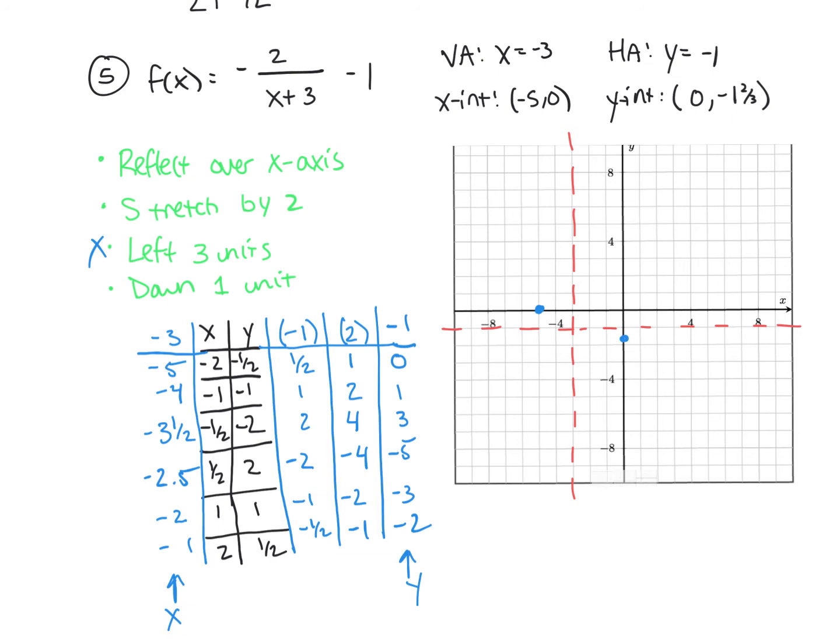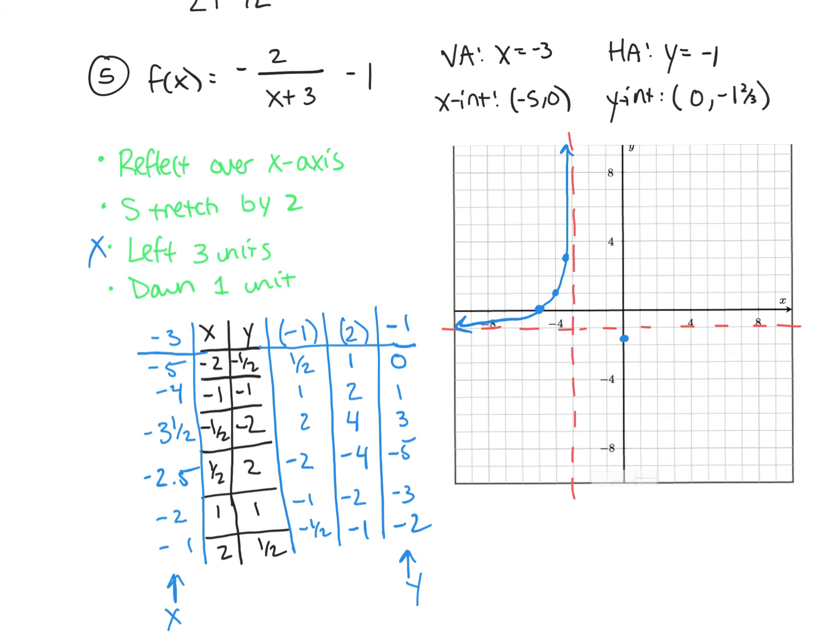So from there, I'm going to graph the rest of the points that we know. We have (-5, 0), which we already have. (-4, 1), which is here. And (-3.5, 3), which is here. So we have a graph that looks something like this.